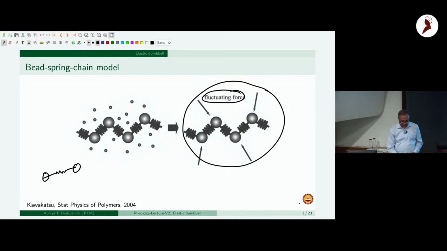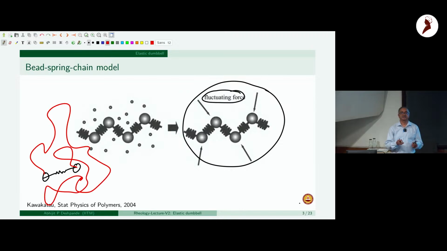So the whole macromolecule, which is a coil-like object, is being represented. The end-to-end of this macromolecule is represented as two beads which are connected through a spring.